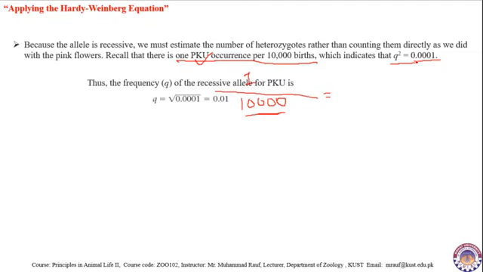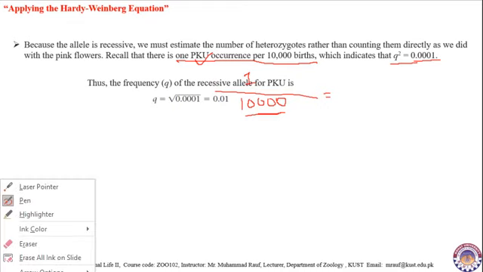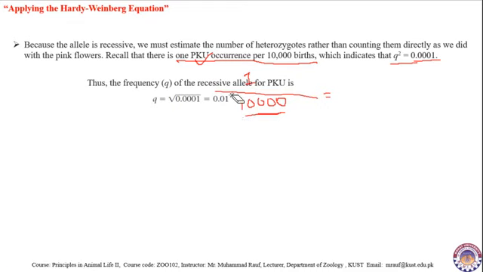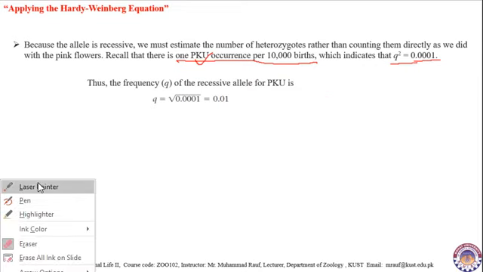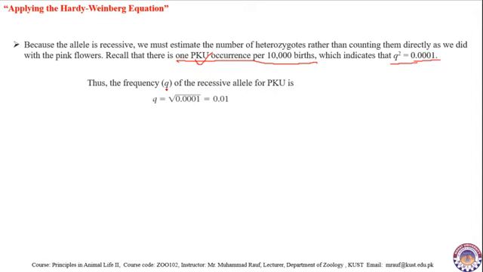So now we have q squared is equal to this value, and we will apply a square root on both sides of the equation.